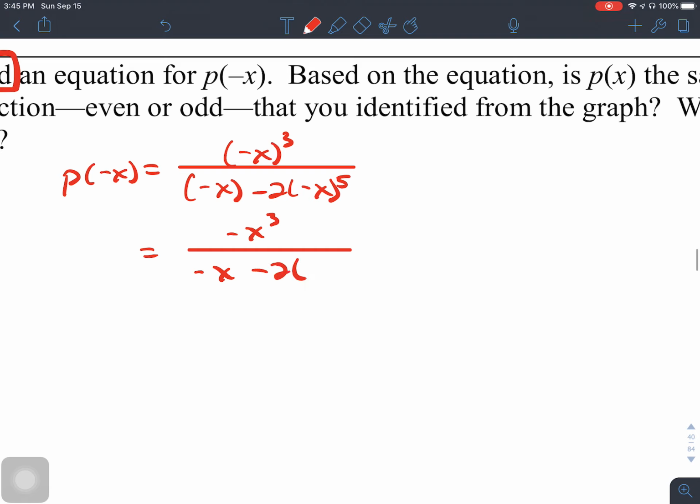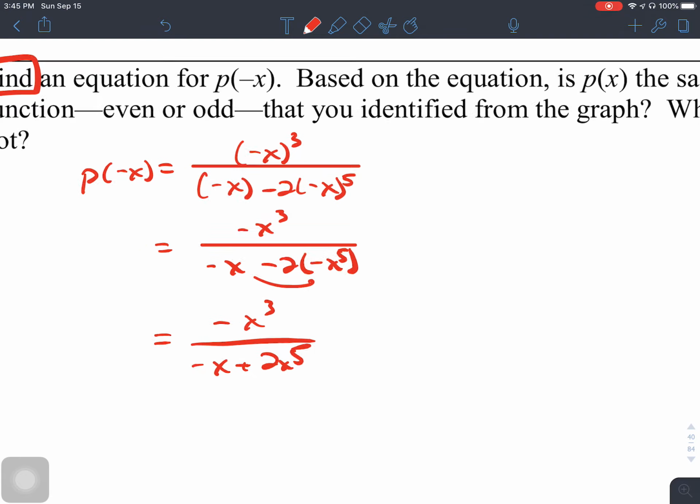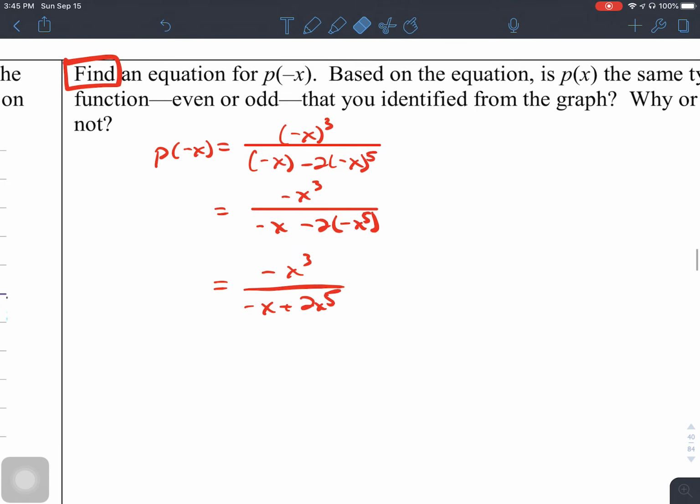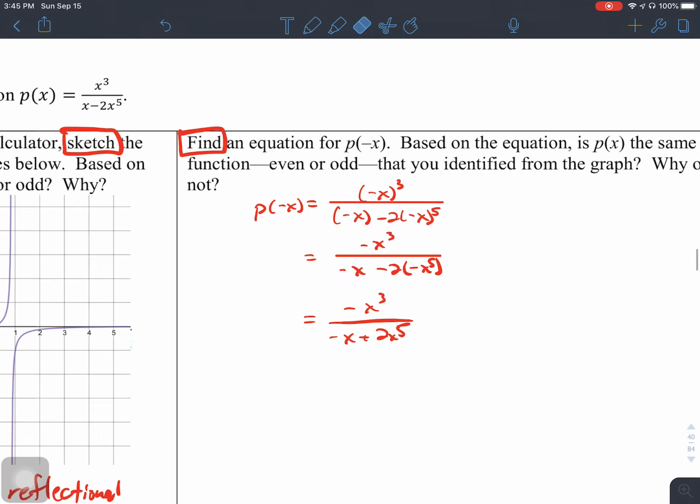A negative x to the fifth is going to be a negative x to the fifth. Multiplying these two together, we're going to end up with negative x cubed over negative x plus 2x to the fifth. Now, is this the same as the original?